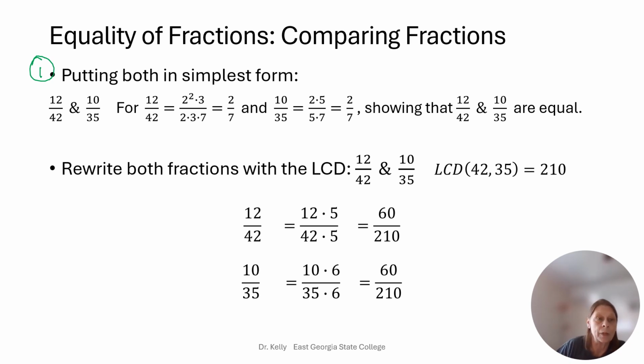So if we were comparing our 12 over 42 and 10 over 35, we could simplify them out by using the prime factorization method here and the fundamental law of fractions, where we can cancel these guys out for both here, and you can see that they're equivalent. So that's one way we can do it.